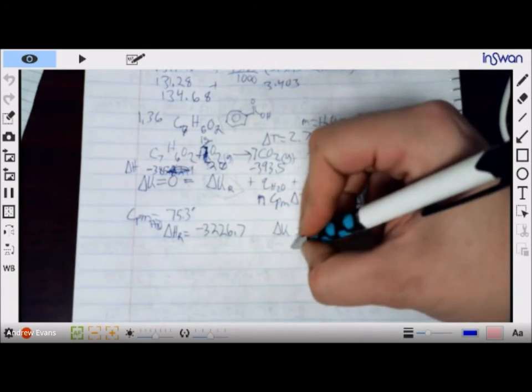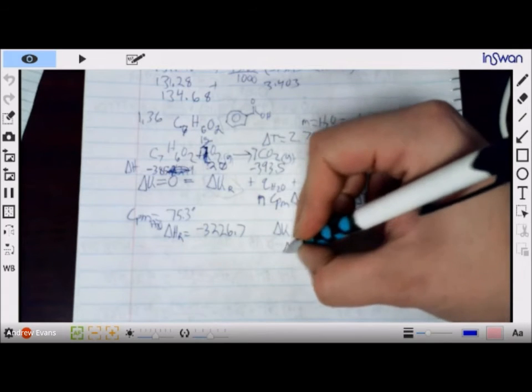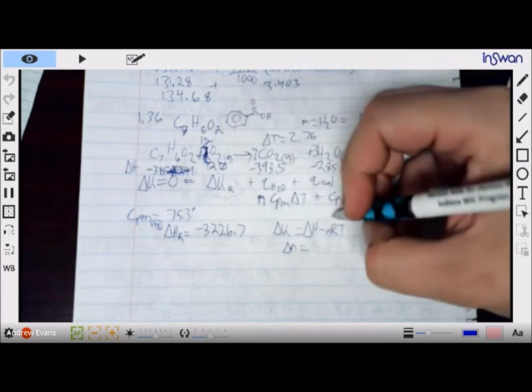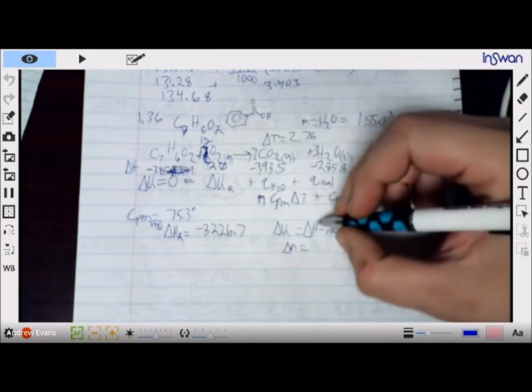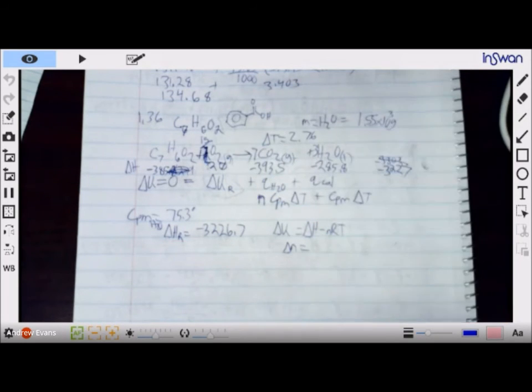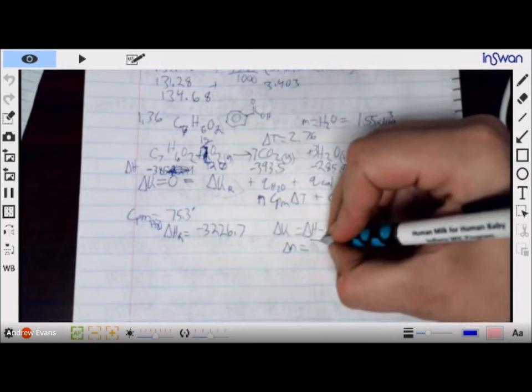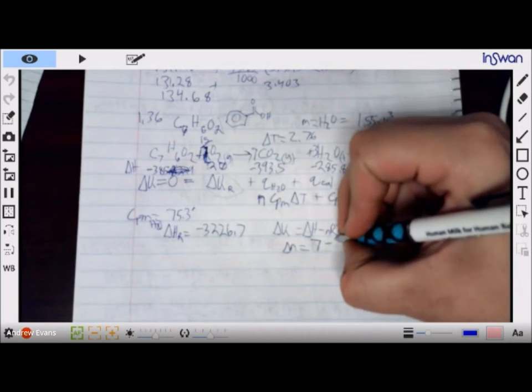Well, the change in n: we have 15 halves moles of gas on the left and 7 moles of gas on the right because the water is a liquid.